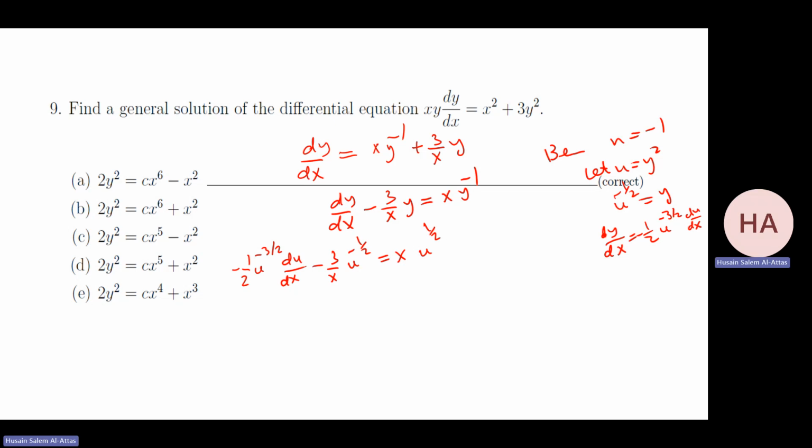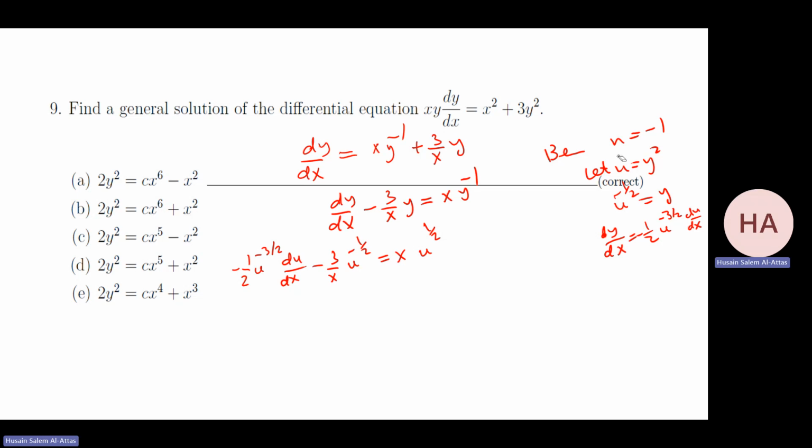And I divide by xy. So x^2 over xy, that is x y^(-1). 3y^2 over xy, that will be 3y over x. I took it to the other side. u = y^2, n = -1.